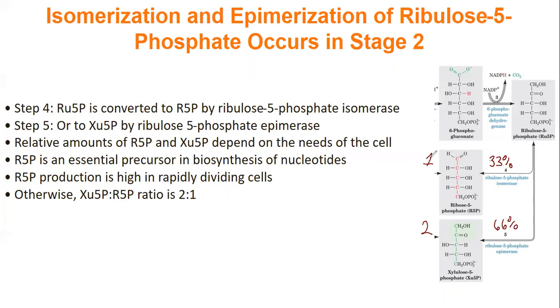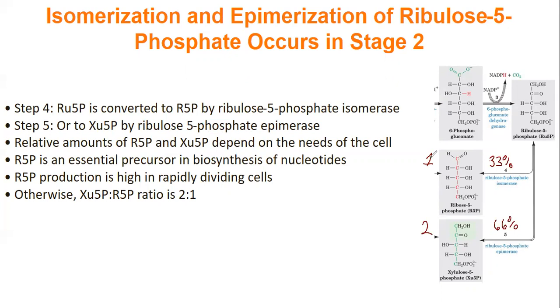So to do our first reaction, going from ribulose to a ribose, that's an isomerase. Remember, an isomerase is just changing, more or less, bond ordering.